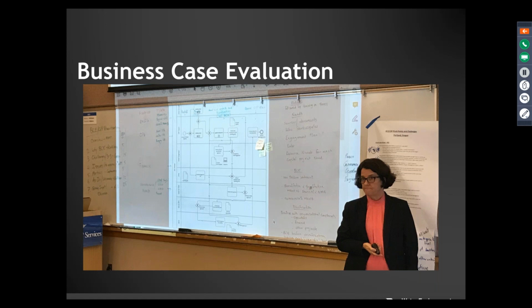One example of the business processes is the business case evaluation process or topic area. This slide shows the as-is process, which is the bright section at the center, with input collected during the discussions to the left and to the right.